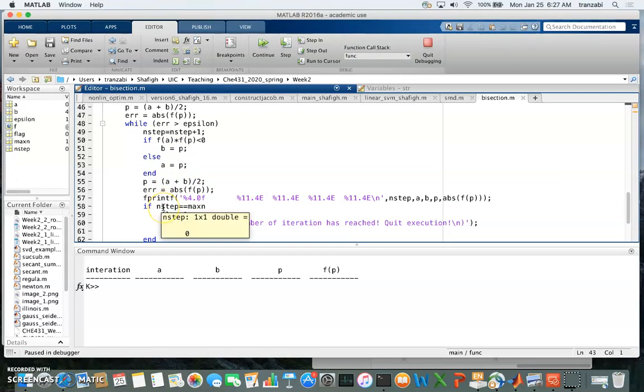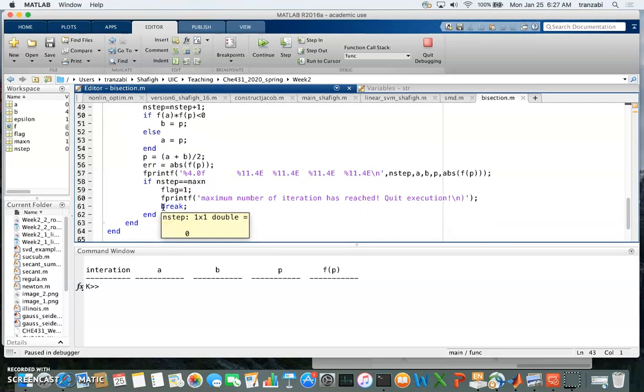So there are a couple of print commands in between. In Matlab, the print command is fprintf. So we're going to print the number of steps, A and B and P, and the absolute value of FP, which is basically the error. We're going to print them using this format. This means a number with 4 digits total and 0 decimal digits.